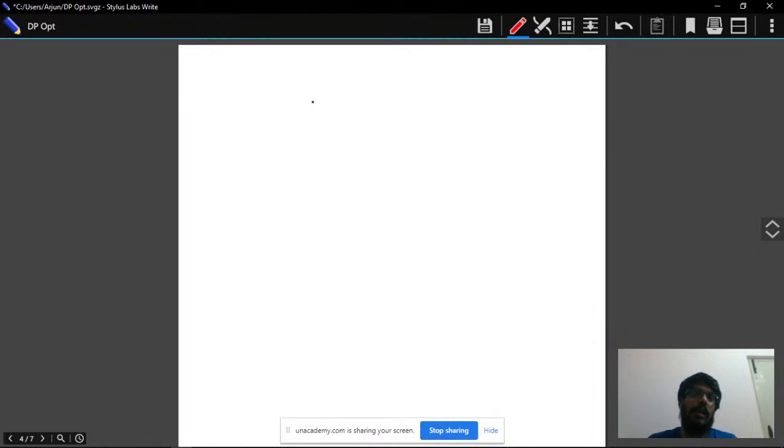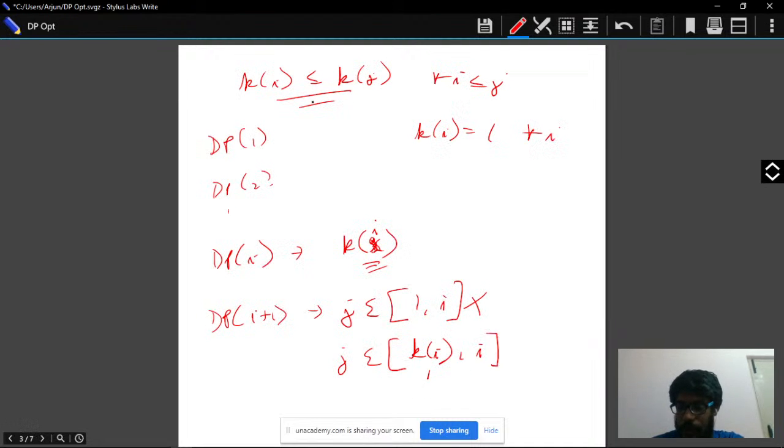And the way to get to that is to change our perspective of the way we look at this. Till now we were looking at dp of 1, dp of 2, dp of i, and thinking, okay, I know k of i, so I know k of i plus 1 is greater equal k of i, so I'll go to that. So given i, I was looking at what k of i can be.